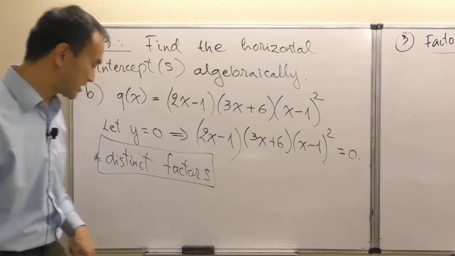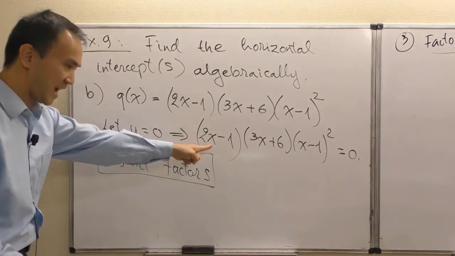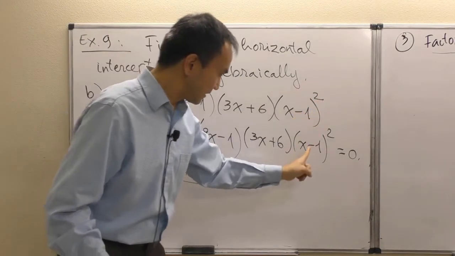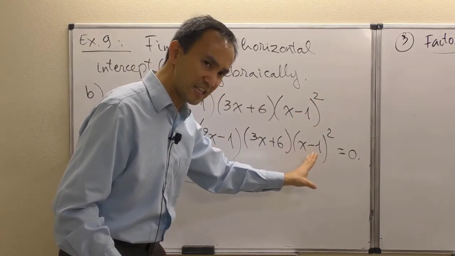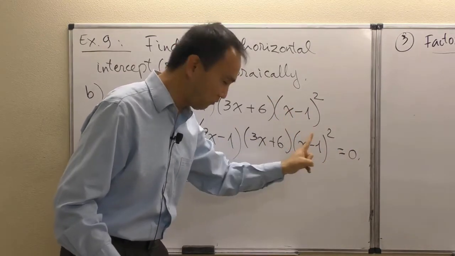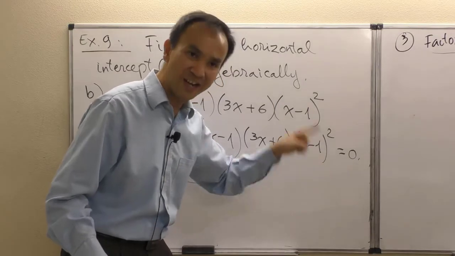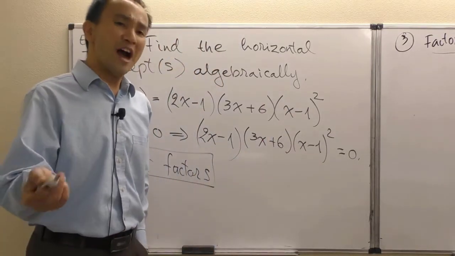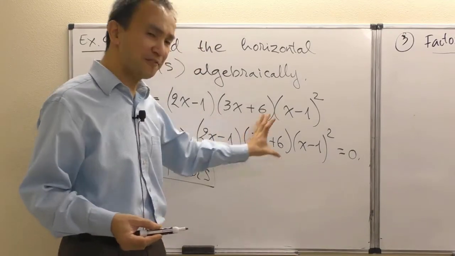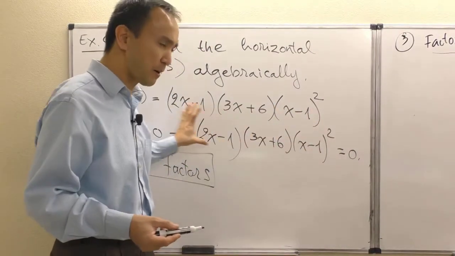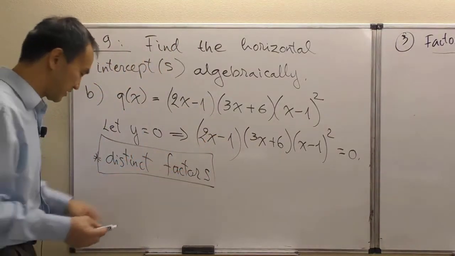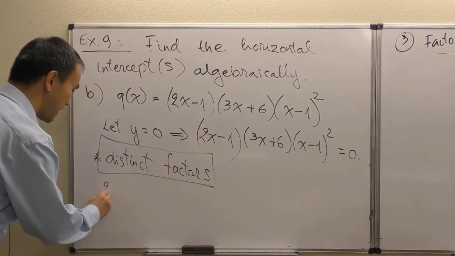As far as the distinct factors, this is what I have. The first one is one of them because it doesn't look like any of the other ones. This one, if we write it as x minus 1 times x minus 1, then we have 2x minus 1, but only one of the x minus 1 factors is a distinct one. That's the whole idea about distinct factors. We really had 4 factors in this polynomial, since it's degree 4, but as far as distinct factors, one of them is 2x minus 1.